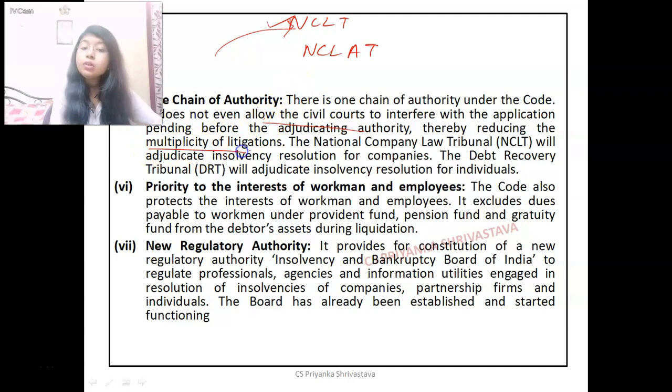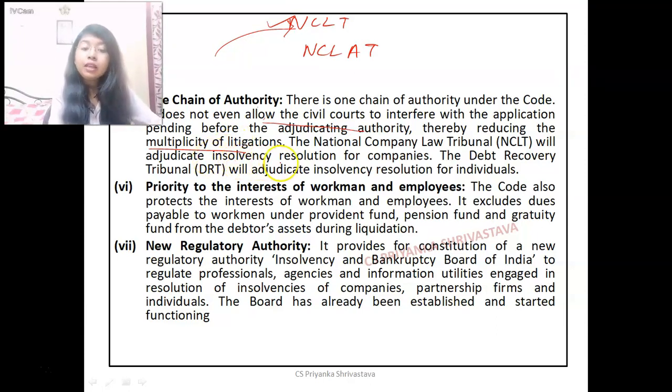Therefore it reduces the multiplicity of litigations. Multiple litigations cannot be filed against the company on the same matter or with respect to the same jurisdiction that we have in the NCLT. They are not filing in different courts. They need to file at one place. So multiplicity of litigation is avoided.